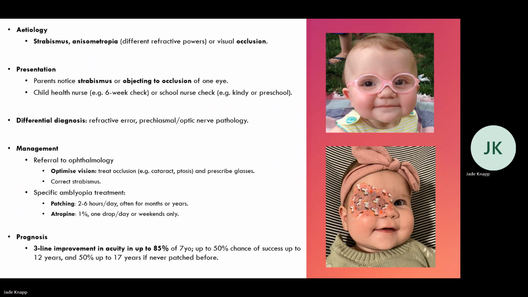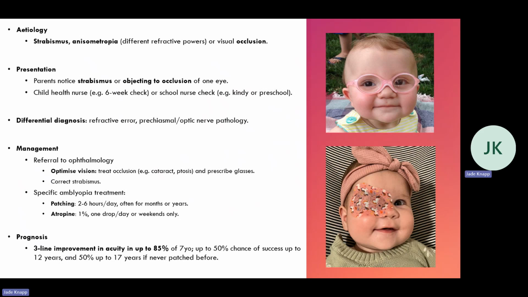Yep, question. Why do you only do it 2 to 6 hours a day? It's difficult to do more than that. It can be difficult to do half an hour in some kids. So part of it is pragmatic, but it's also based on landmark clinical trials of patching, which found the right dose or duration of patching for given levels of amblyopia.